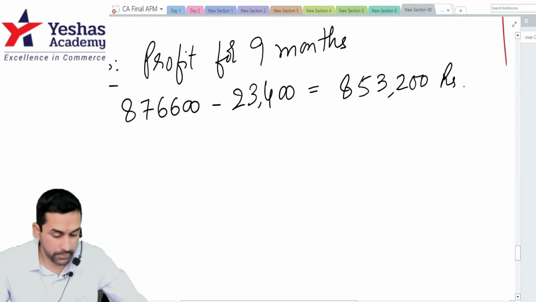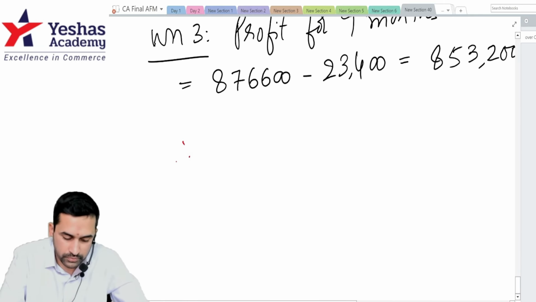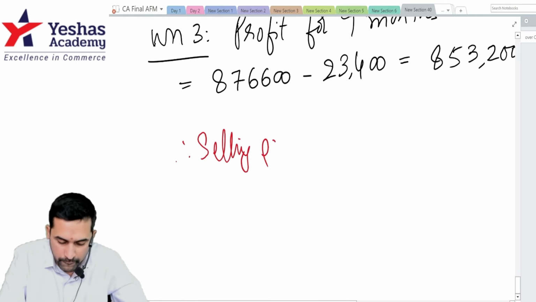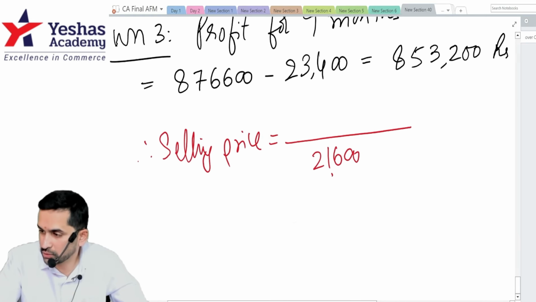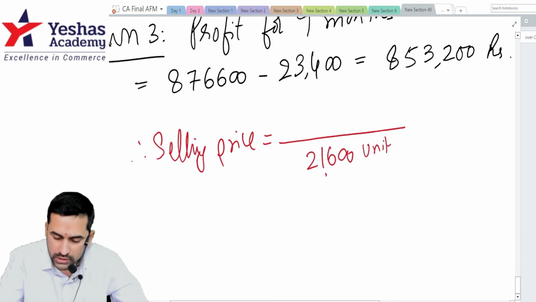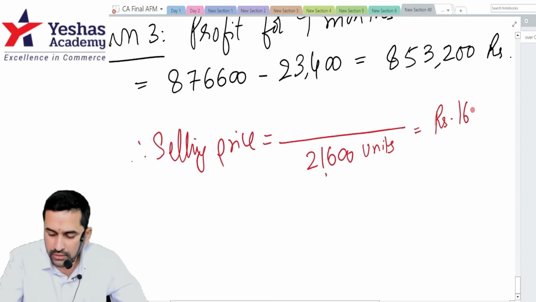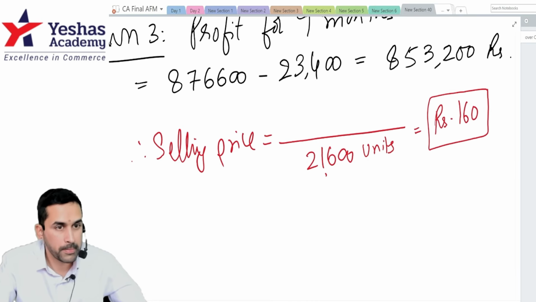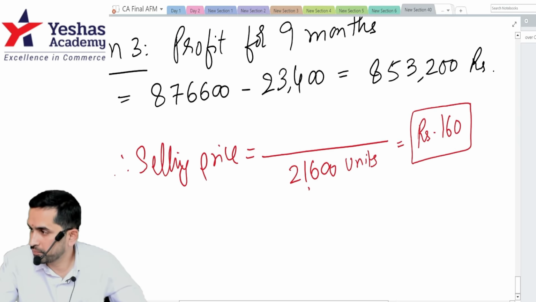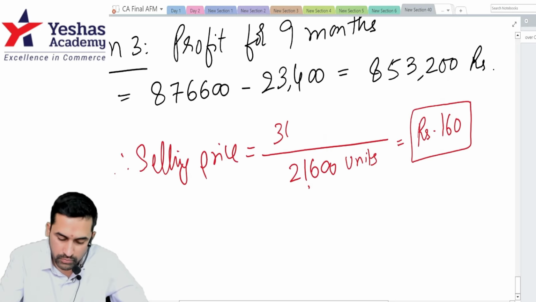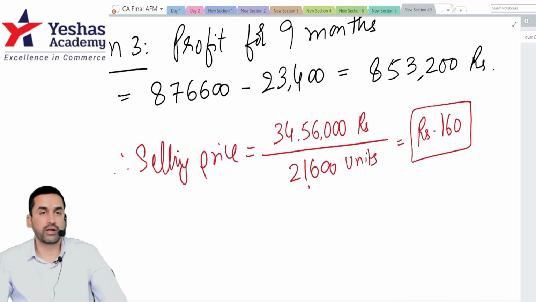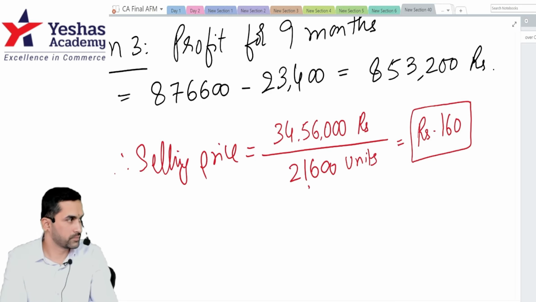Therefore, selling price is equal to this sales value divided by 21,600 units. 160.